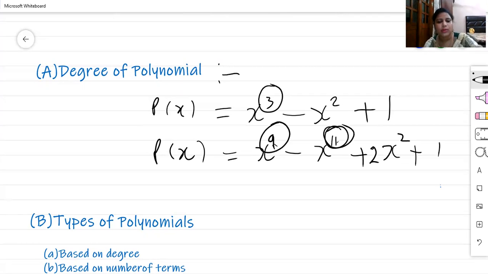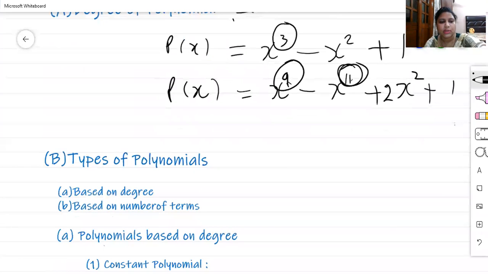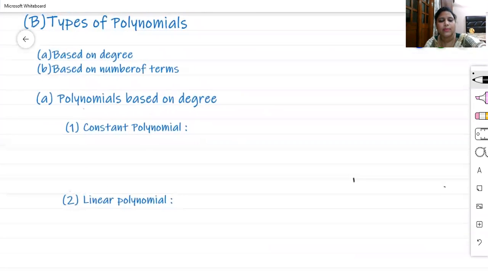So we can classify the polynomial on the basis of degree and on the basis of number of terms. First, polynomials on the basis of degree. So what is a constant polynomial? If the degree of the polynomial is 0, then it is called a constant polynomial.